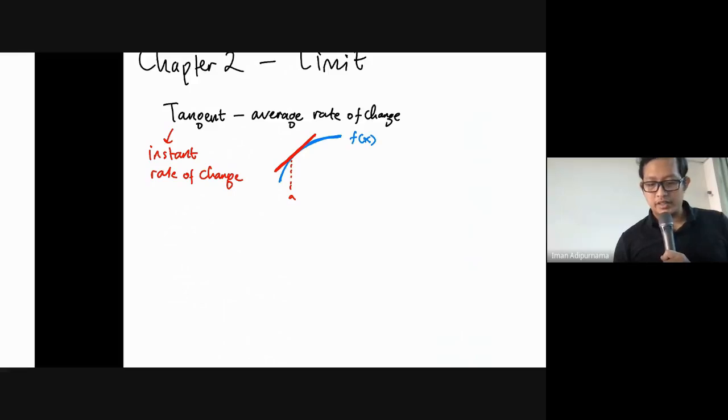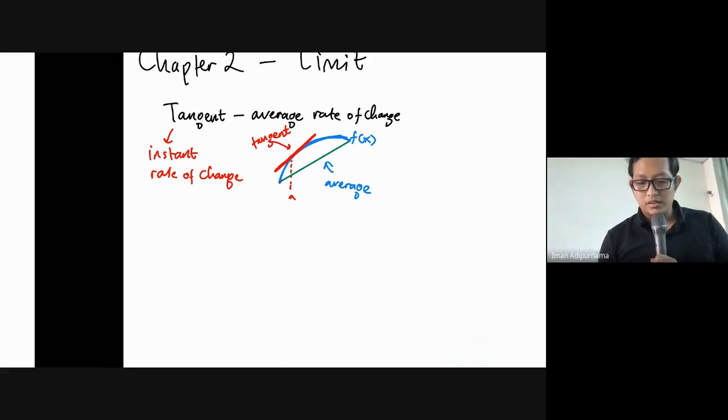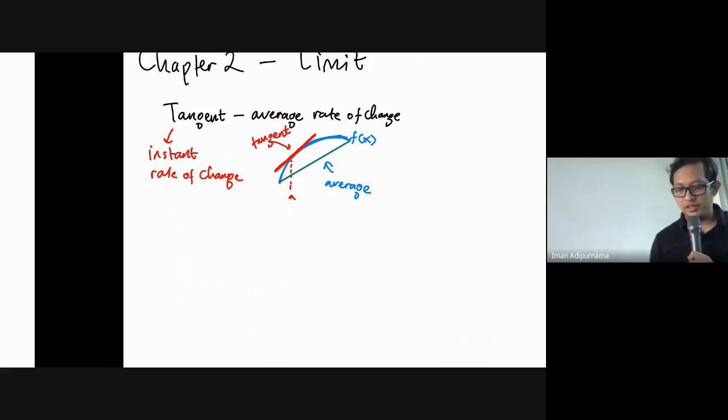But the average rate of change is from here to the endpoint here. This is average. This is tangent. And by the concept of limit, we can go for derivative.